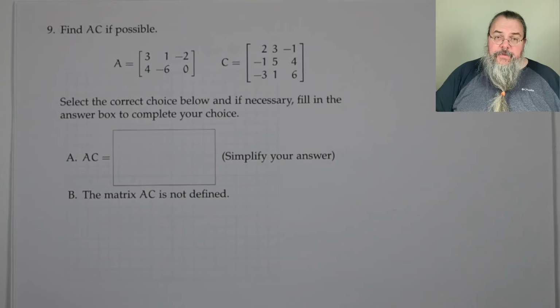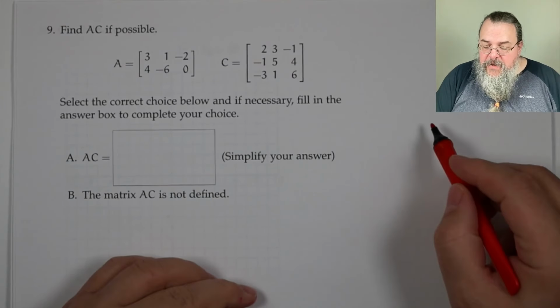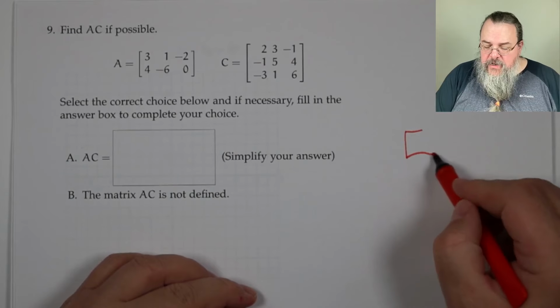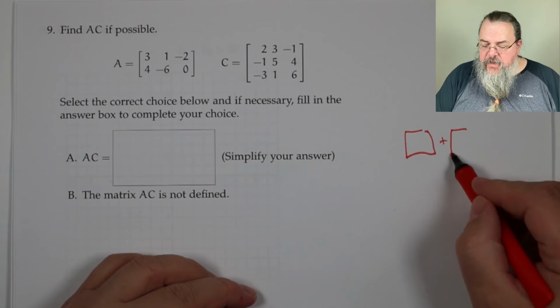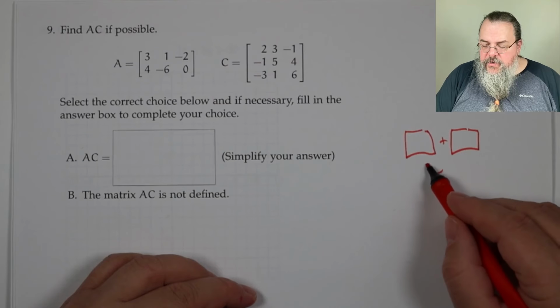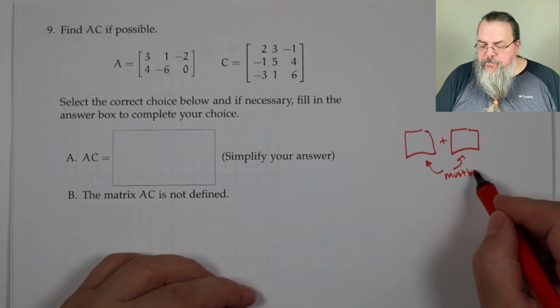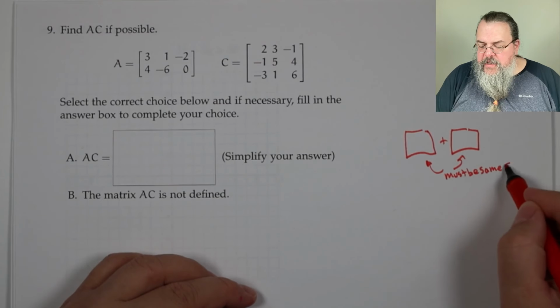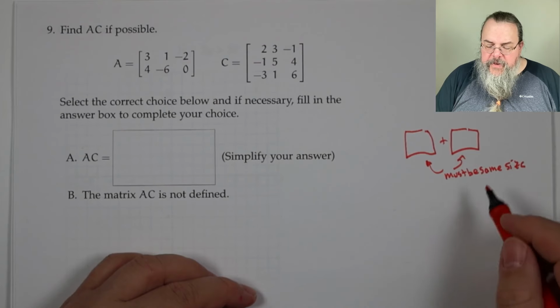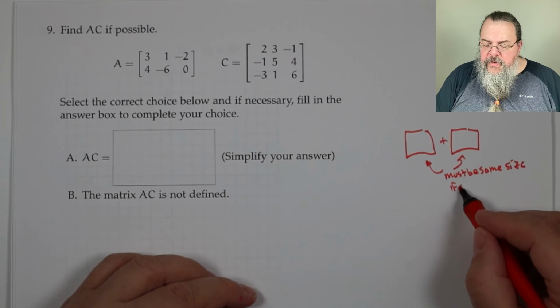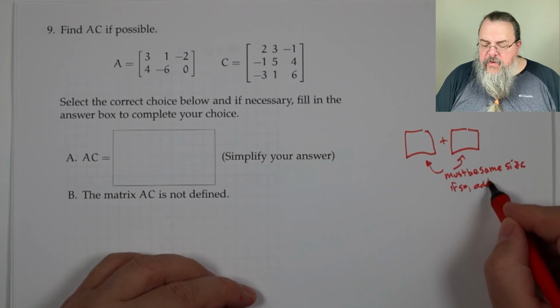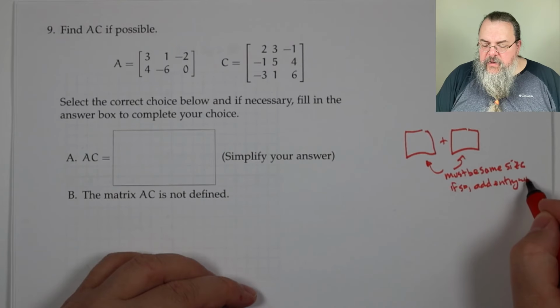There's two operations we talked about, namely addition: if you have a matrix plus a matrix, then these things must be the same size. And if they're not, forget it, hopeless. If so, add entry-wise. All right, so that's great.